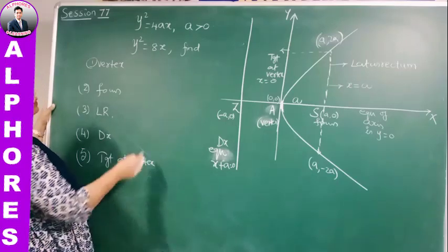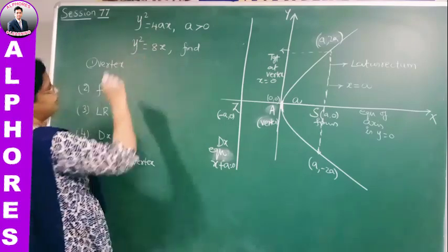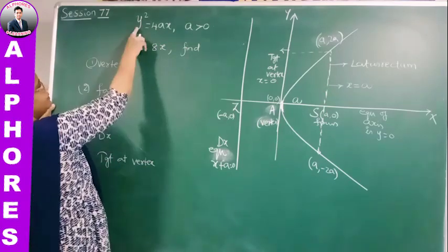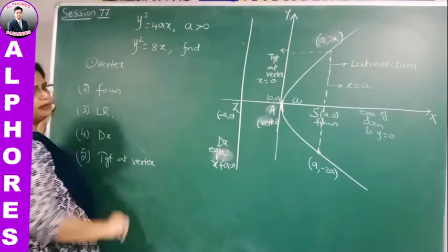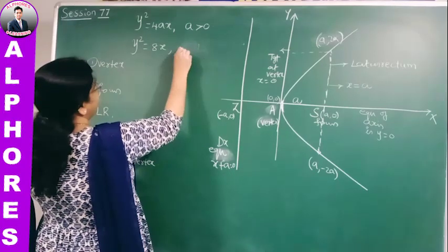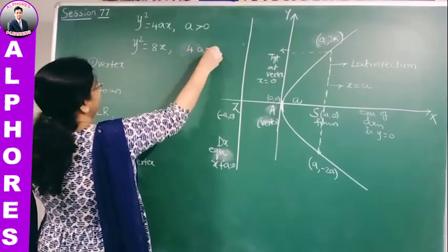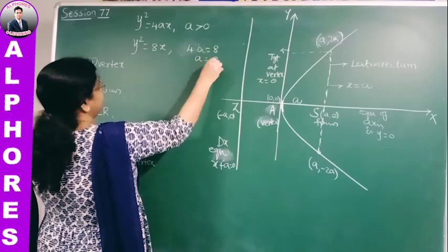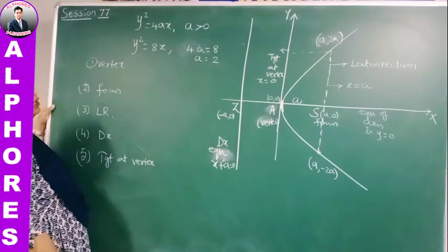We just compare the standard equation of the parabola, y square equal to 4ax, with y square equal to 8x. Thereby you can find the values. 4a equals 8, and hence the value of a is 2, right? a equals 2.